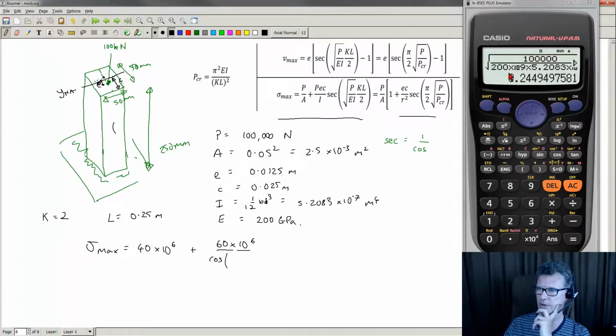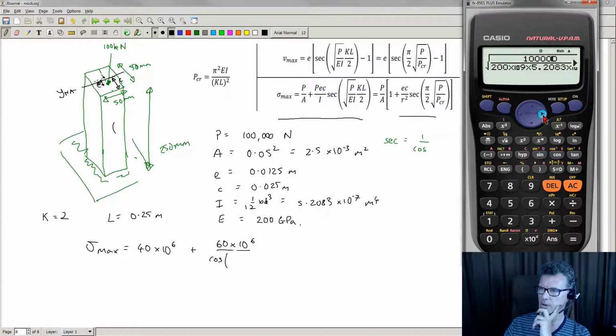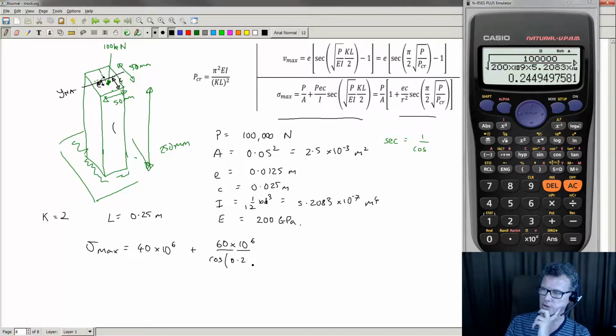So there we got 100,000 divided by 200 gigapascals. Got the I, so 5.7 times 10 to the minus 7. Times by 2. Times by 0.25 divided by 2. And that equals 0.2449.